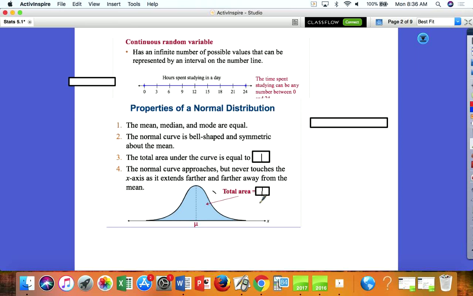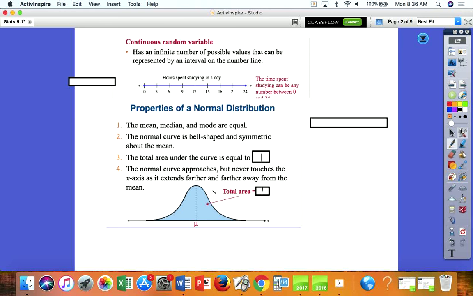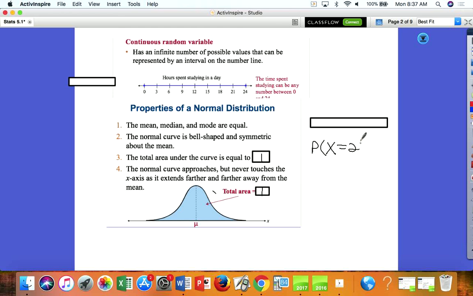Let me show you this. When you're working with probabilities, last chapter you might have done this, right? Today, in this chapter, you're going to do this. You're only going to be able to find areas not of a specific value, but values of this variable that might be above 2, or below 2, or between 1 and 2.